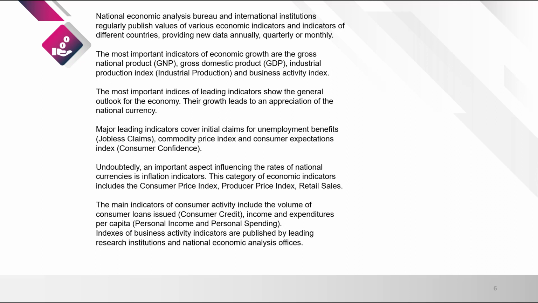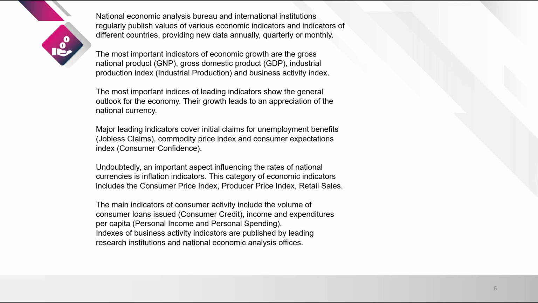The most important economic indicators of economic growth are the gross national product, the GNP, then we've got the gross domestic product, the GDP, and then we've got the industrial production index, and then we also have business activity.